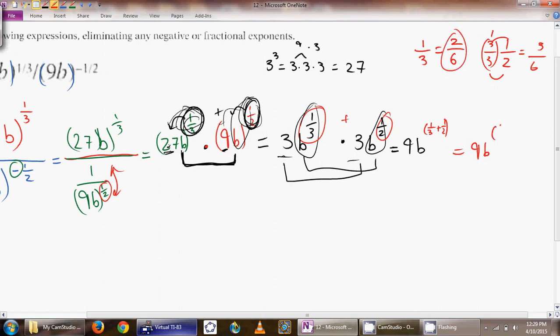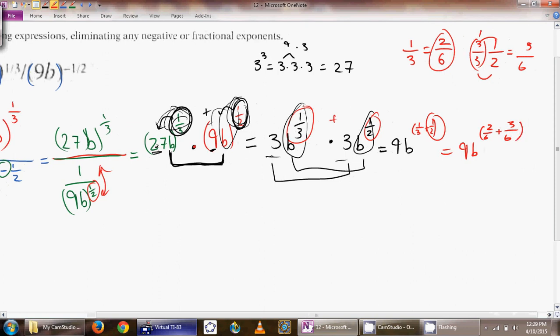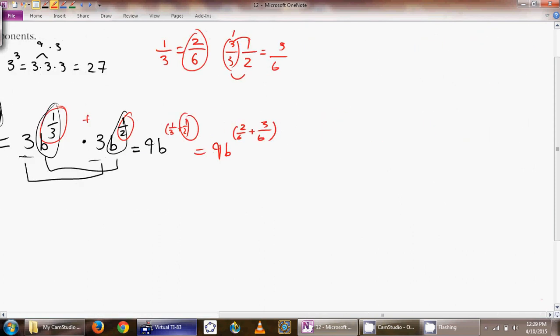Instead of 1/3, I'm going to put 2/6. And instead of 1/2, I'm going to put 3/6. This is really my base, 9b, raised to the 2/6 plus 3/6 power, all raised to the 5/6 power.